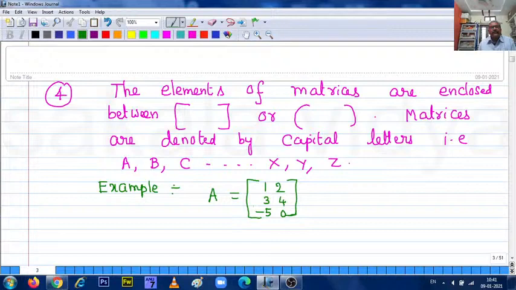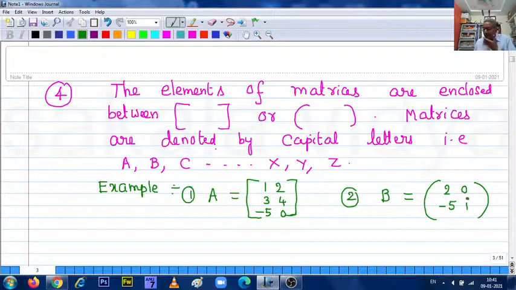This is denoted by the A matrix, called A matrix. How many rows? It has 3 rows and 2 columns. Second example, you can write matrix B equals 2, 0, minus 5, i, using this bracket also. This is also a matrix. So a matrix is denoted by capital letters. Understood now.